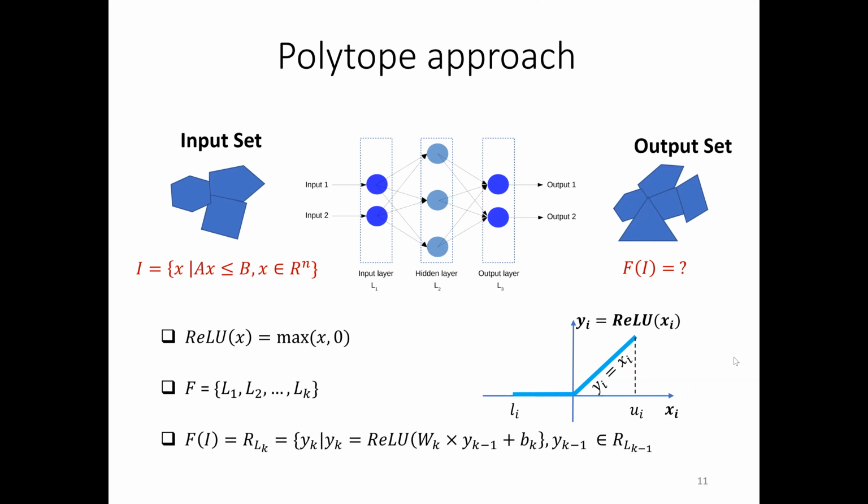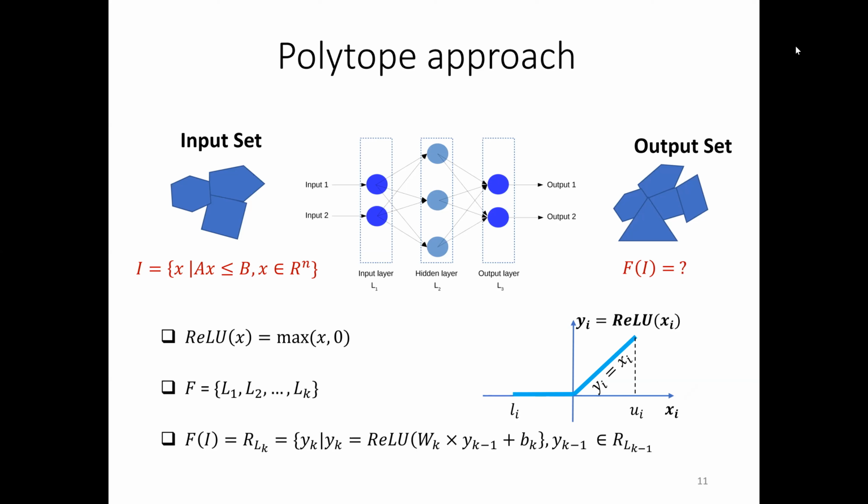It's very complex. And I remind you of the activation function, ReLU. We consider ReLU here. We can also extend this work to nonlinear activation functions like tanh and sigmoid, which you're going to learn via the star set approach. I'm going to introduce that later.